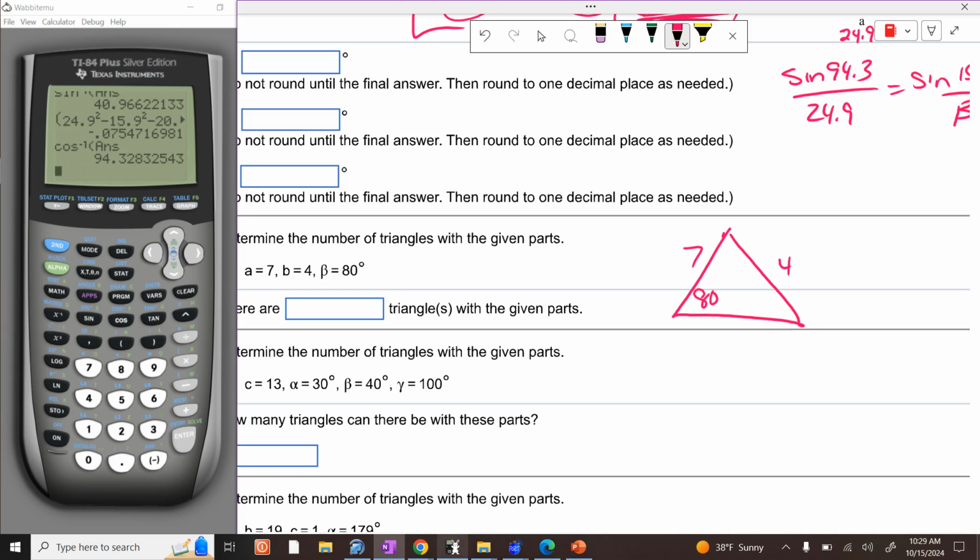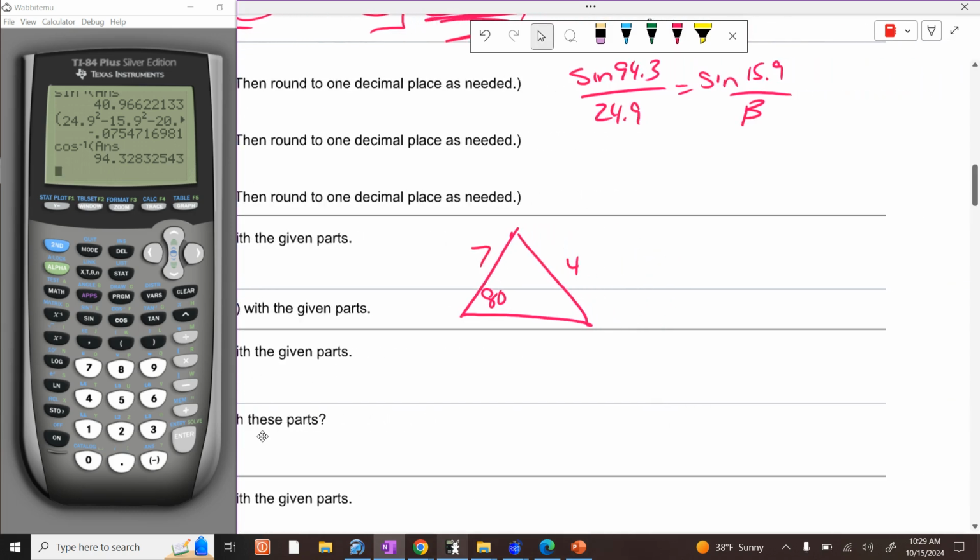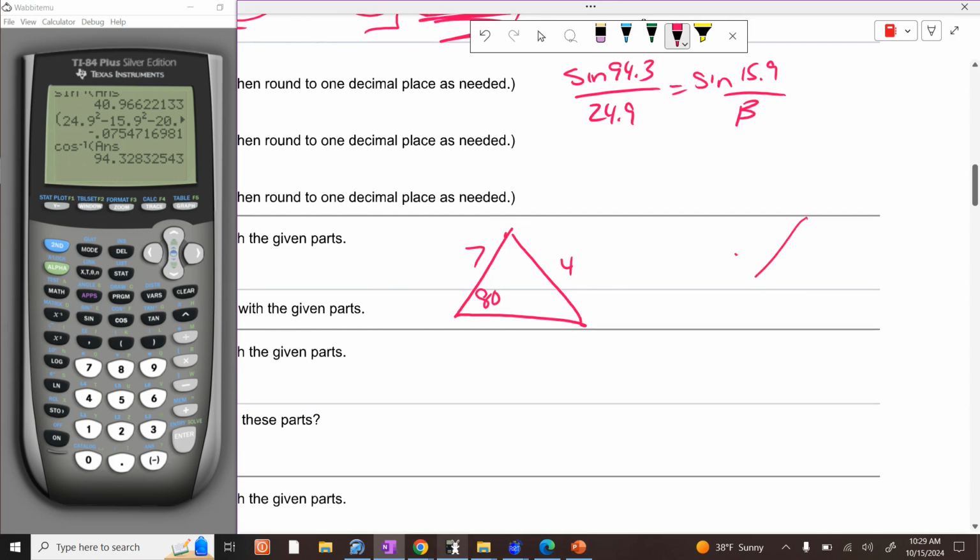Yep. And so then if we have an obtuse triangle, Mr. Bierschbach, 80, 7, and 4. And let's see if this works.